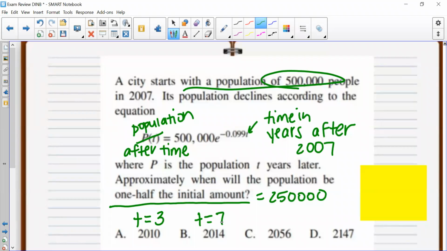If you don't recognize what the number is right away, you just subtract it. 2014 minus 2007 means T equals 7.